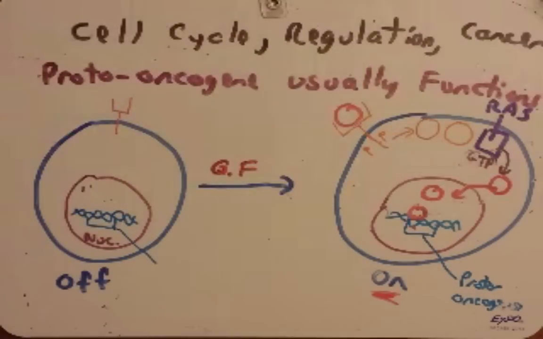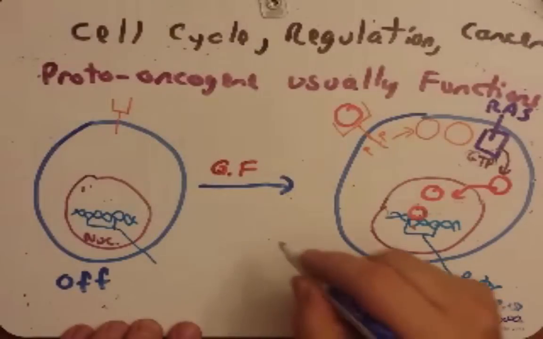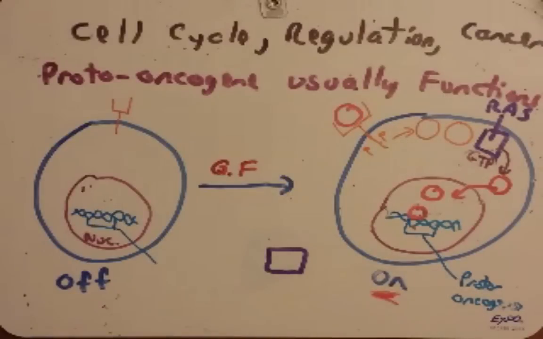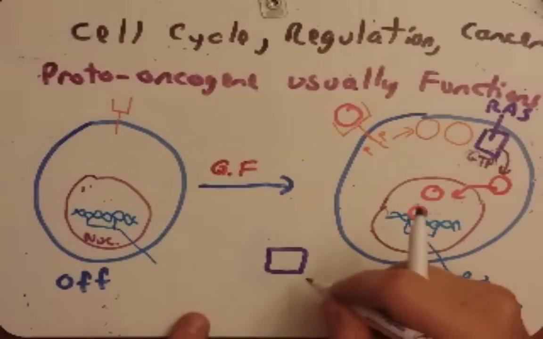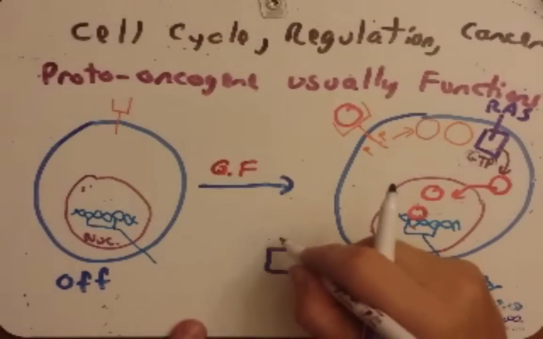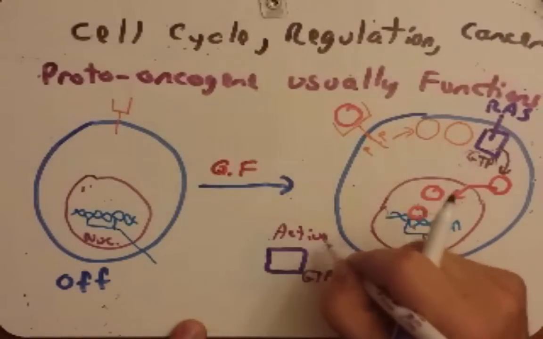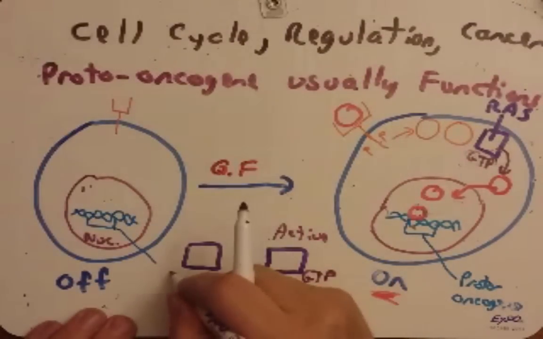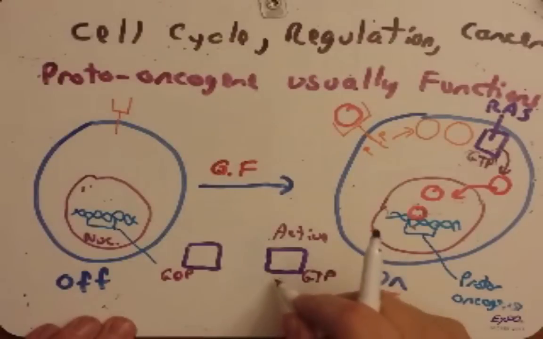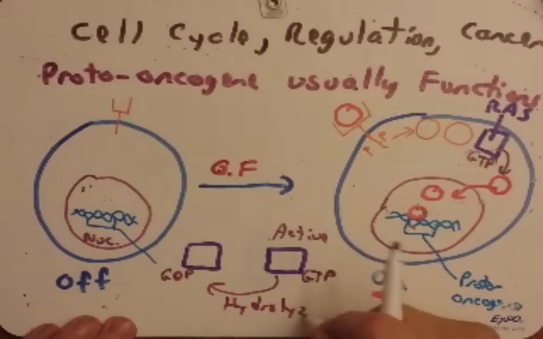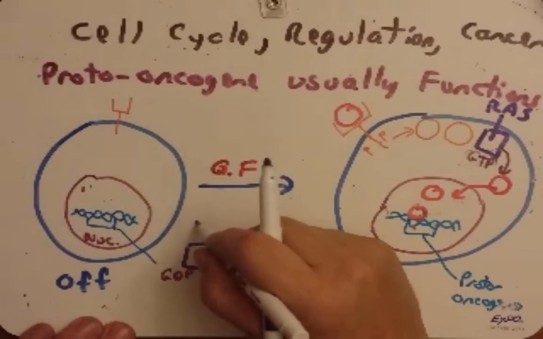What I want to do here is draw the RAS protein and show you how a mutation could occur. Remember, I said when RAS is bound to GTP, it's active. So this is active. When RAS is bound to GDP, meaning it's been hydrolyzed, it's inactive.